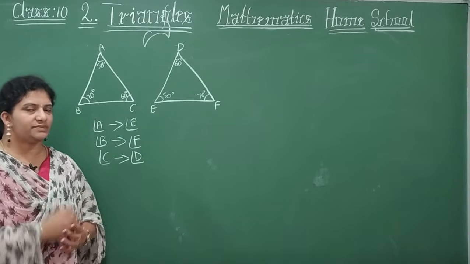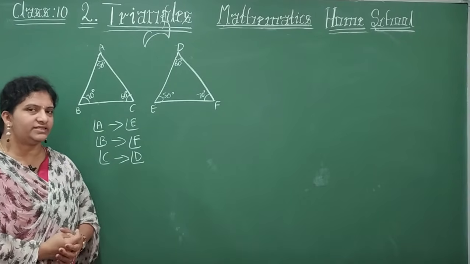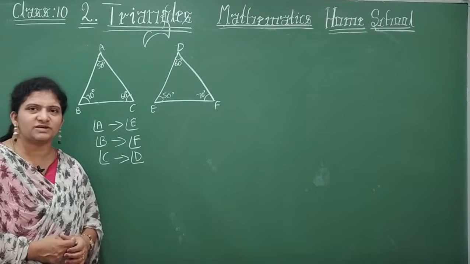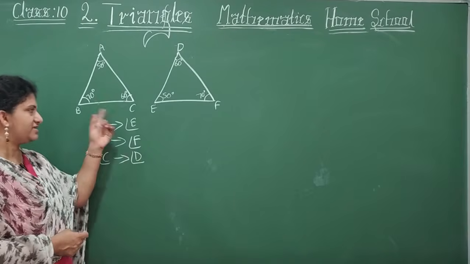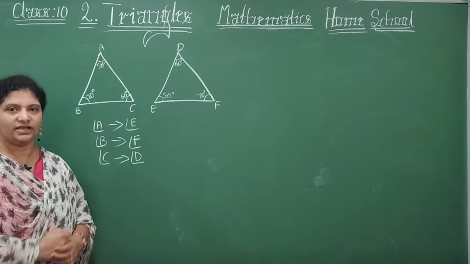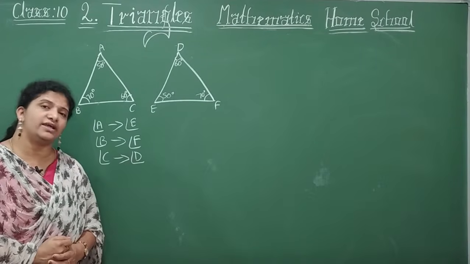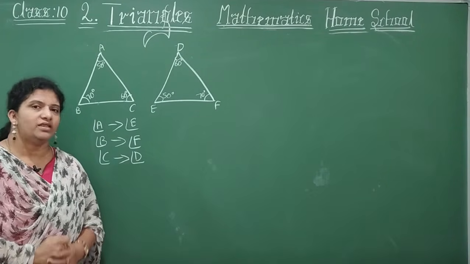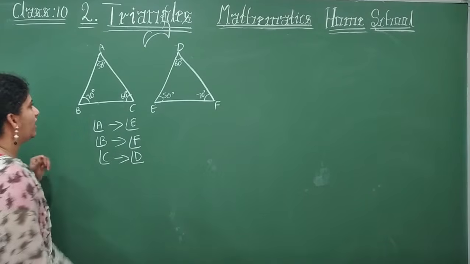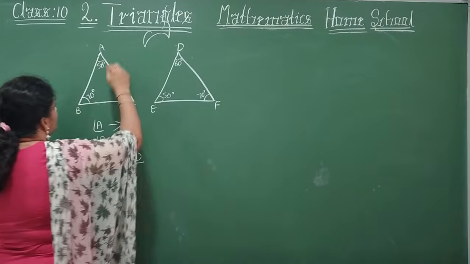To prove similarity, what are the two conditions? First condition, corresponding angles must be equal. Yes, here the angles are equal. Then coming to the ratio, if the corresponding ratio is also the same, then we can say those two triangles are similar. So now let's take the sides also here, children.